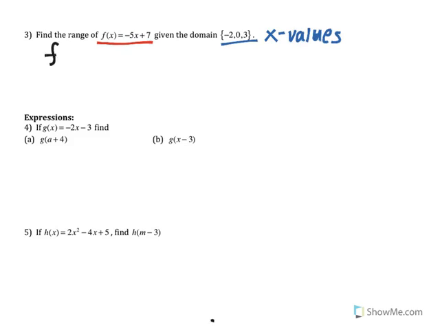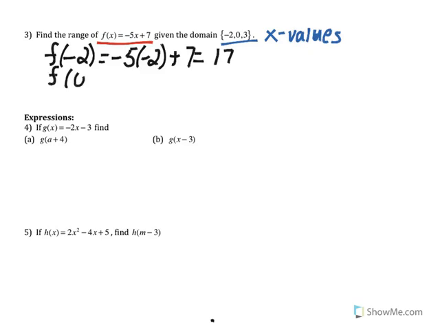So we're going to do each one, f of -2, plug it right in. I'm not going to show work for this because we're going to be doing 3 of them, so we will just plug in the values, get the answers, and then we'll record our final answer in the bracket notation. So we're finding f of 0 and f of 3.